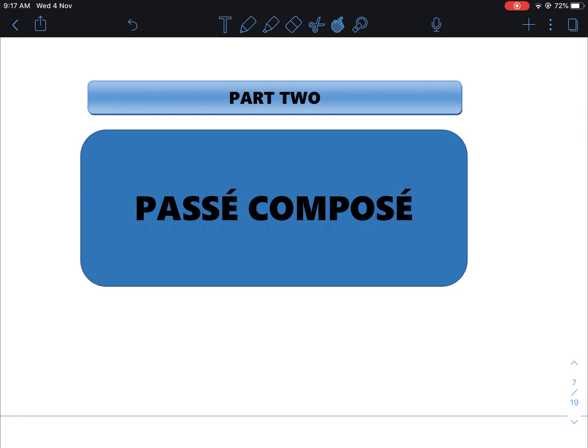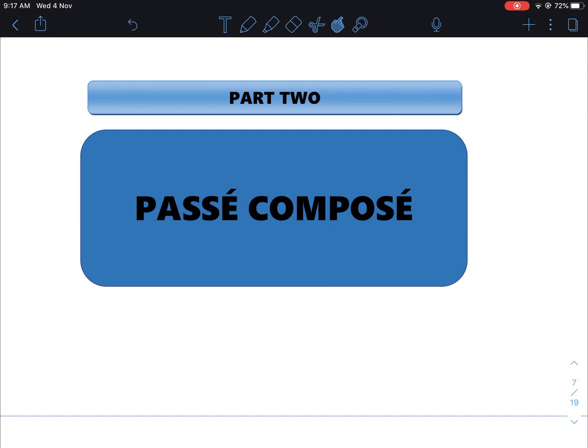We have seen in the first part, the introduction of passé composé. We have looked at the definition of passé composé and at how we are going to use it in a sentence. In part 1, we have seen what passé composé is made of. What are the components needed to form a passé composé?